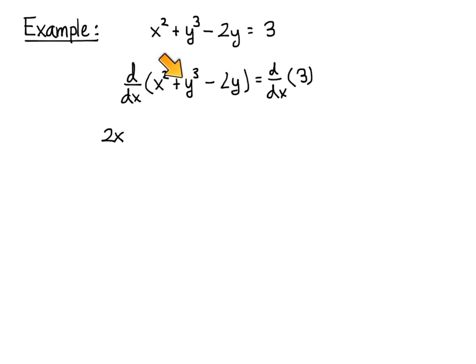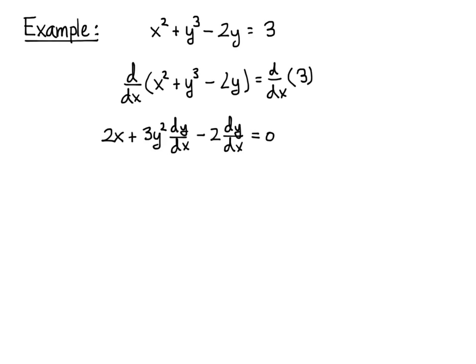The derivative of y cubed is going to be 3y squared dy dx. And the derivative of -2y is going to be -2 dy dx. If we just have a coefficient times y, the derivative of that is that coefficient times the derivative of y. And then the other side, we have a 3, so the derivative of 3 is 0.